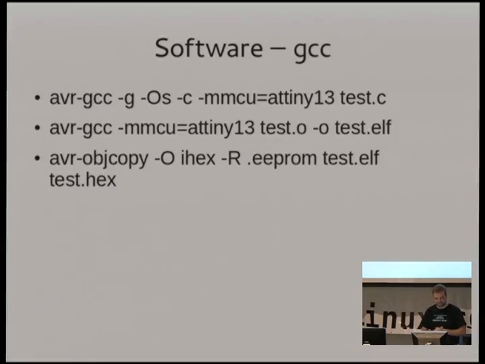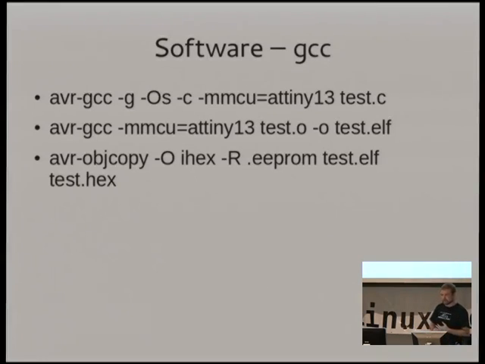So it turns out the GCC stuff is actually really simple to do by yourself as well. This is an example of compiling a program for the ATtiny13, which is even smaller again than the ATtiny85 in terms of flash resources. AVR GCC is available in packages for Ubuntu and Debian, and is actually really easy to get started with.